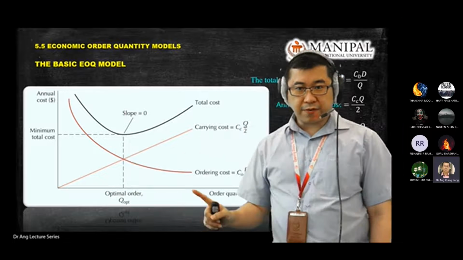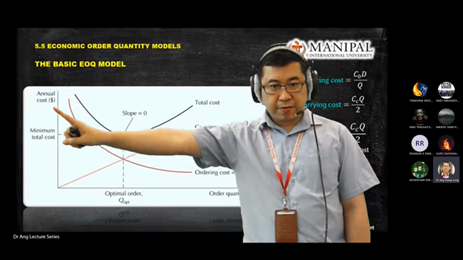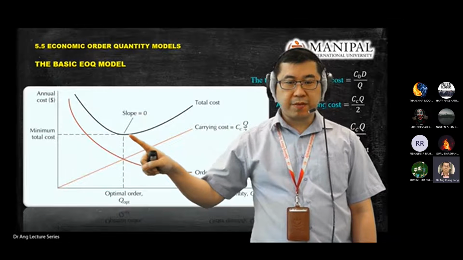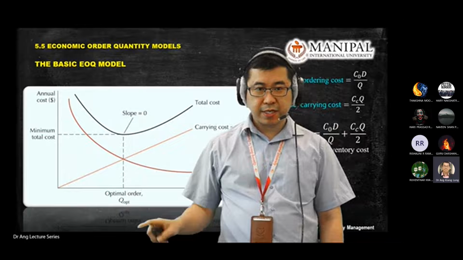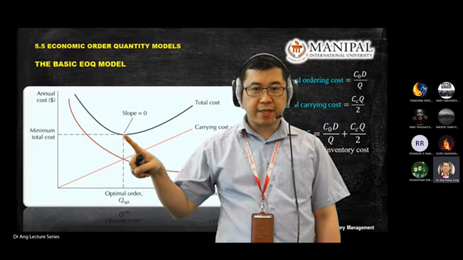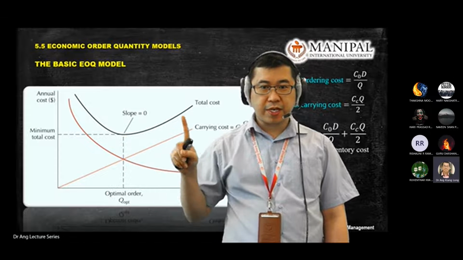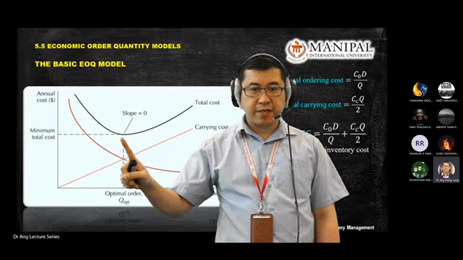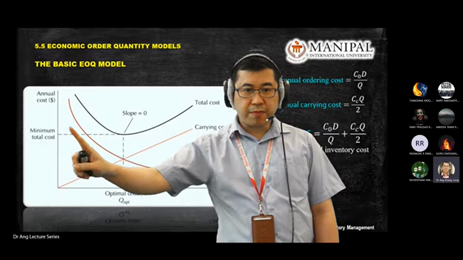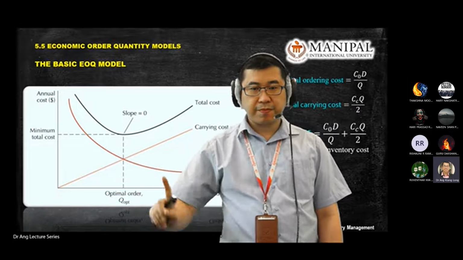On the curve itself, if you're referring to the y-axis, you know where is the minimum of the total cost, right? The annual cost that you need to spend is minimum at this level. Not here, but here.